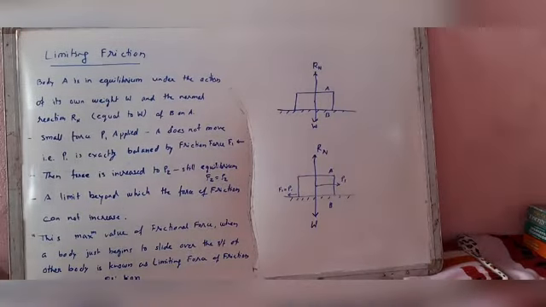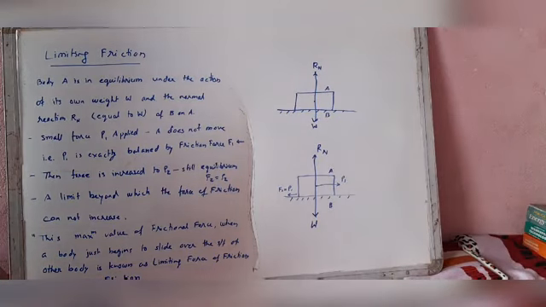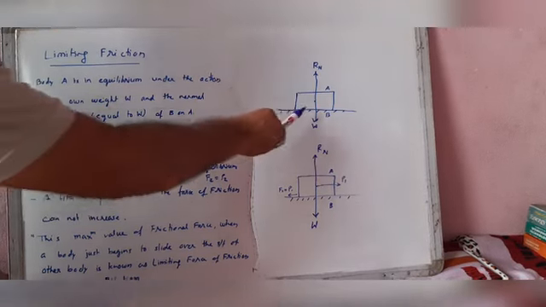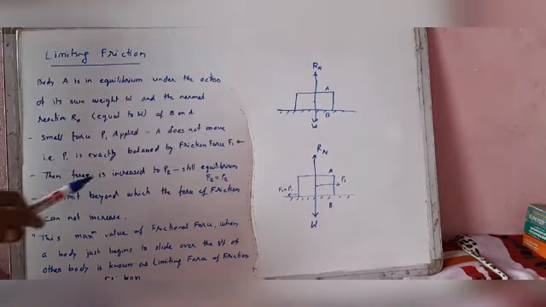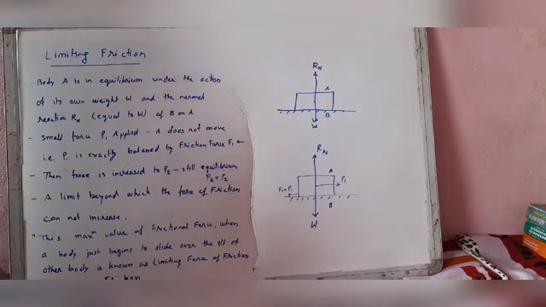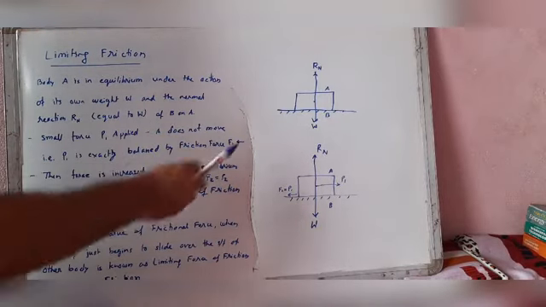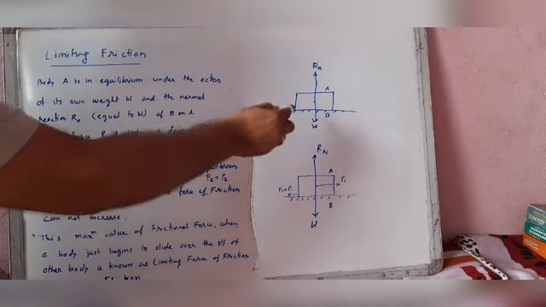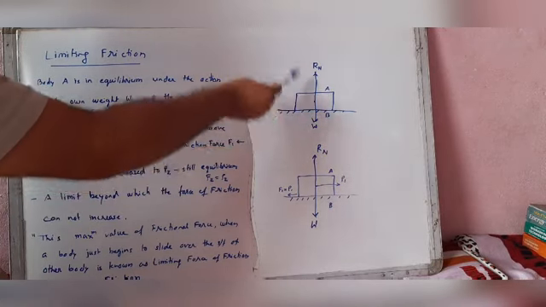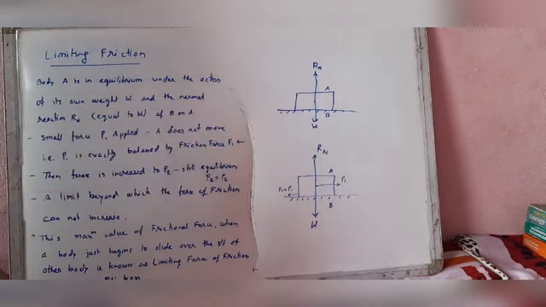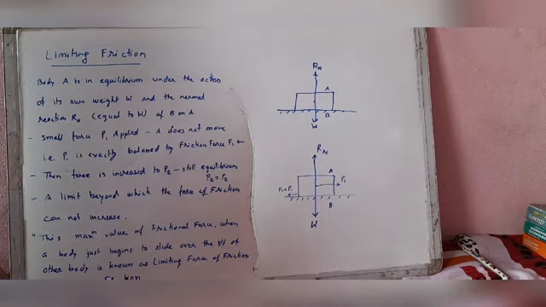Next topic is limiting friction. Consider a body A resting on the surface B, having weight W. Because of this weight, a reaction Rn opposite to the weight is acting on this body.